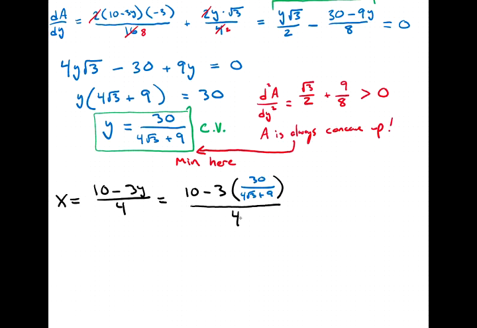So we have to do a little simplifying here. Let's see. We've got 10 minus, we could distribute the 3, so 90 over 4 root 3 plus 9, and that's all divided by 4.